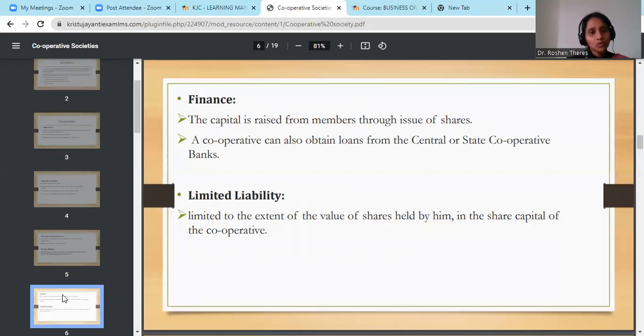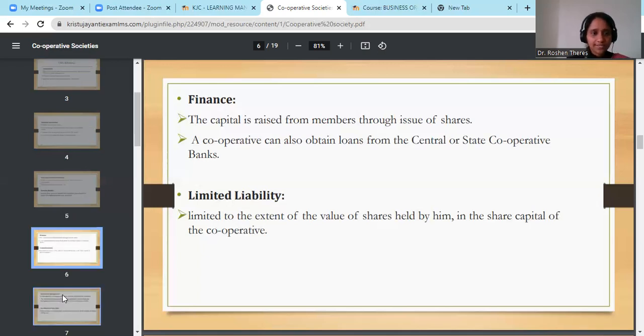So it has only limited liability. Unlike the sole proprietorship, the members of the cooperative society will not have any unlimited liability. The personal assets of the people will not be touched by the membership in the cooperative society.